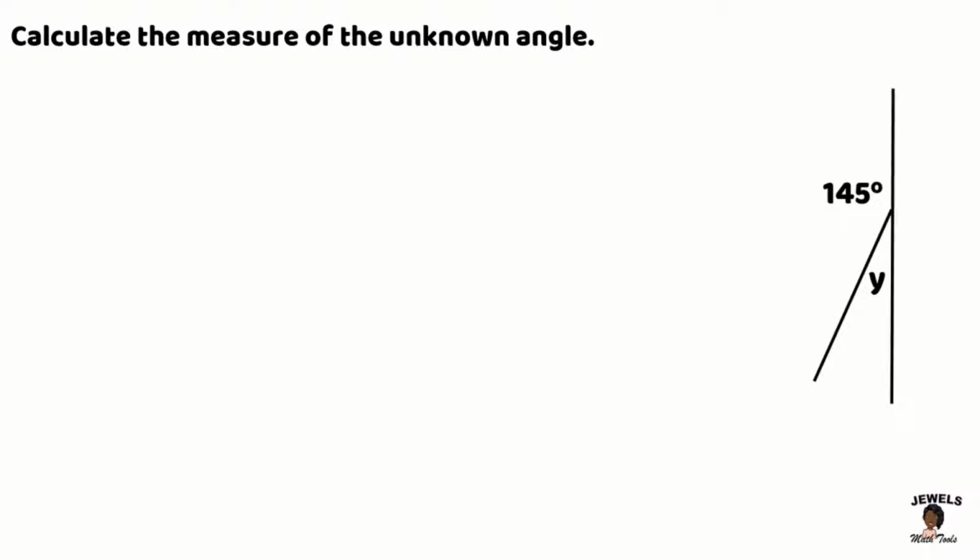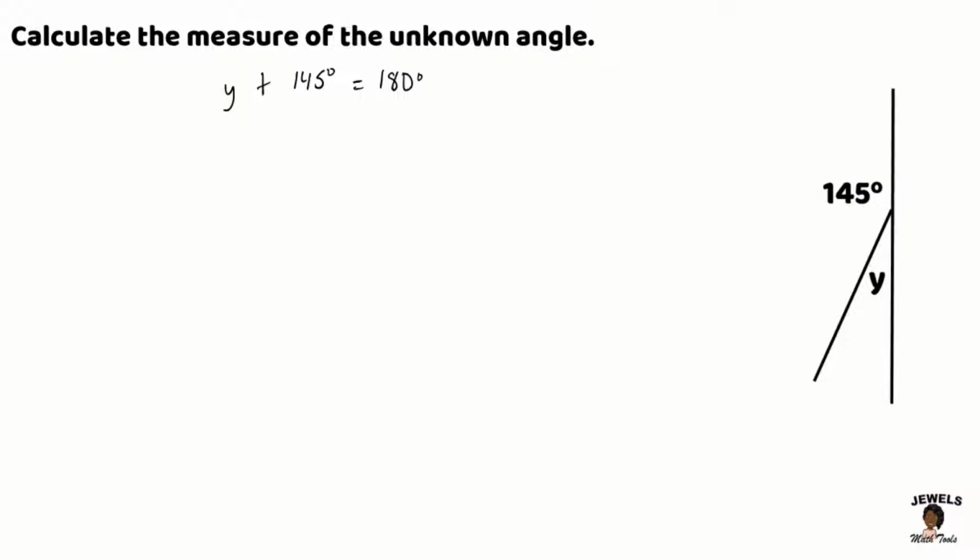In our first example, we're calculating the measure of our unknown angle y. And in this example, you must always start with writing your equation to remind you that your angle y plus 145 degrees will sum to 180 degrees. And remember that the reason these two angles sum to 180 degrees is because your straight line angle measures exactly 180 degrees.